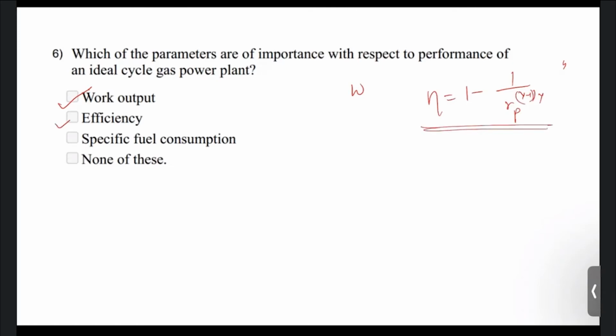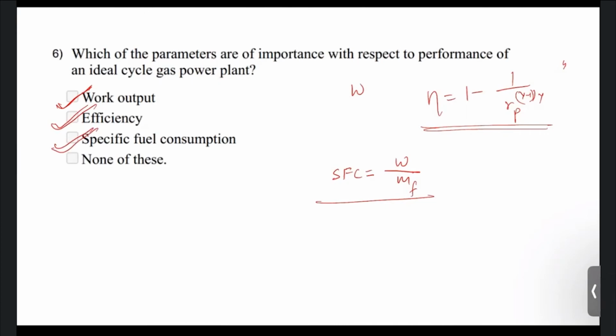And also specific fuel consumption. Specific fuel consumption is nothing but work received per unit mass of fuel. So yes, the important parameters of any cycle are work output, efficiency, and specific fuel consumption.